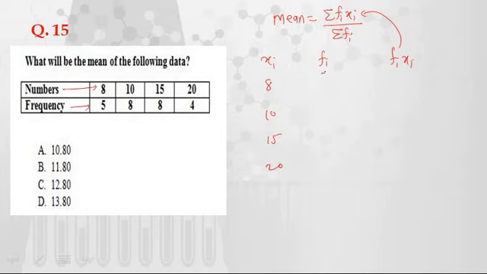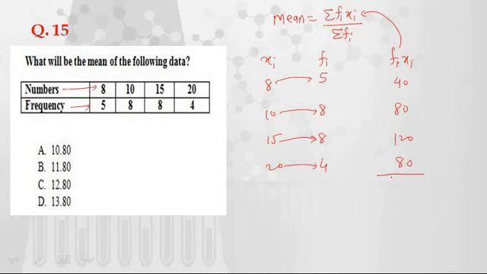Fi is 5, 8, 8, 4. Now the last column will be fi into xi, meaning we multiply these two and write the product here. 8 5s are 40, 10 8s are 80, 15 8s are 120, and 20 into 4 is 80.